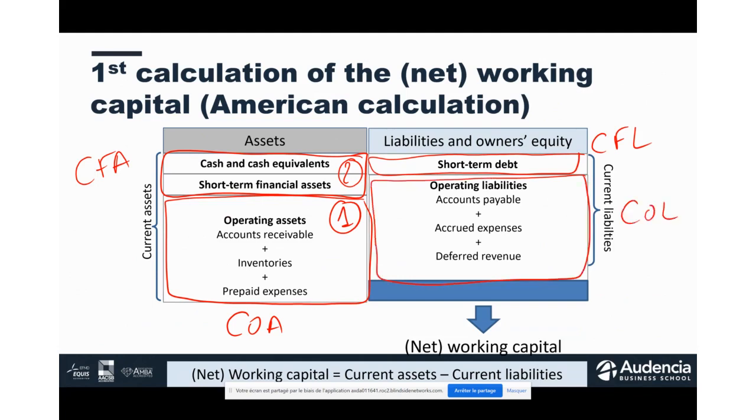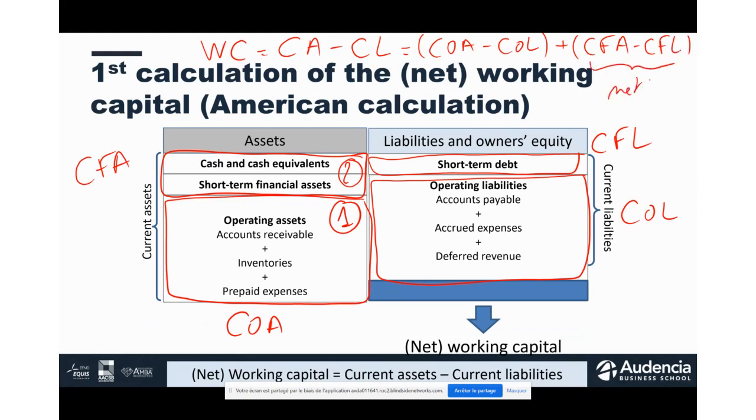So when we say the working capital is equal to the current assets minus current liabilities, we can say also it's the current operating assets minus current operating liabilities plus current financial assets minus current financial liabilities. This is the net cash. This is the operating working capital.